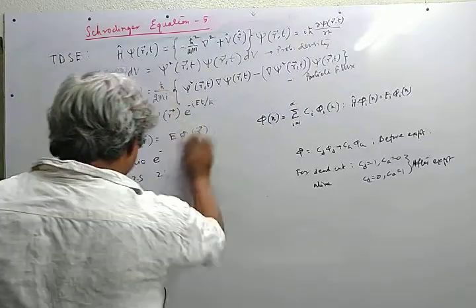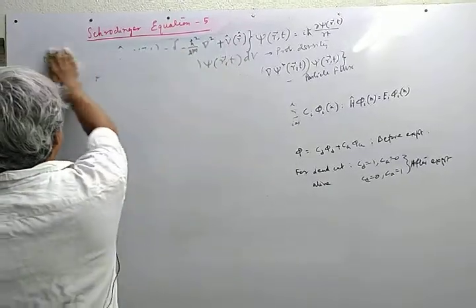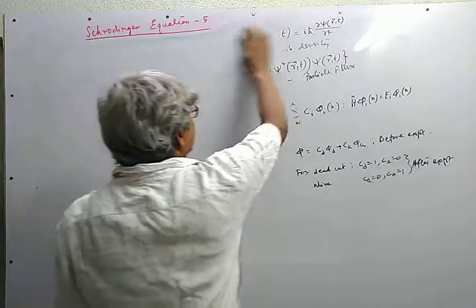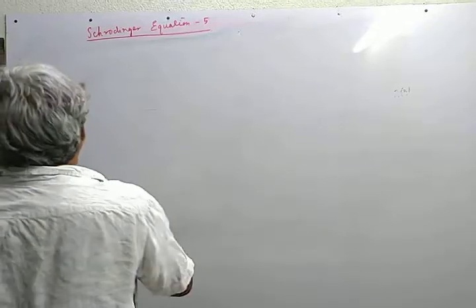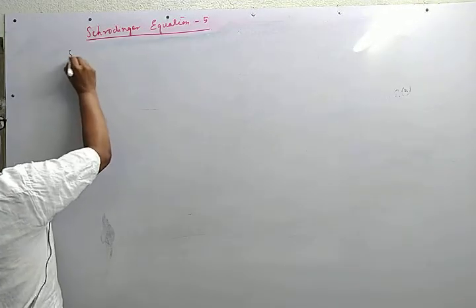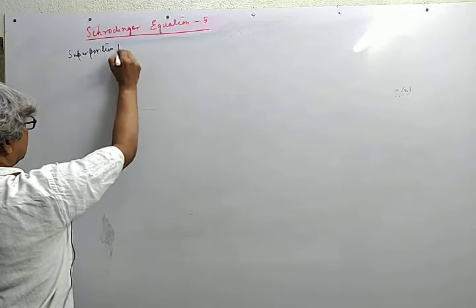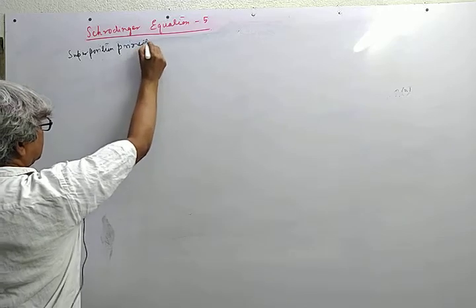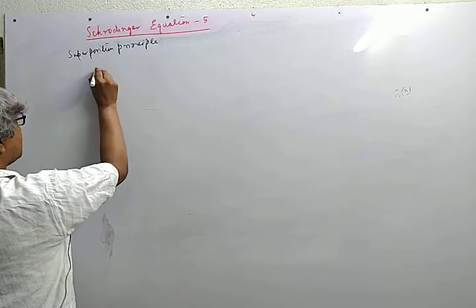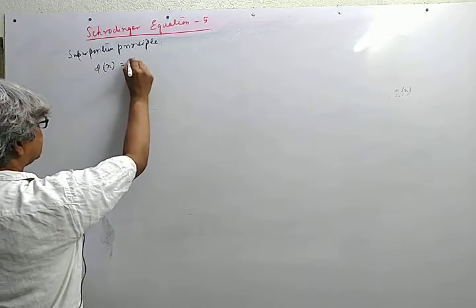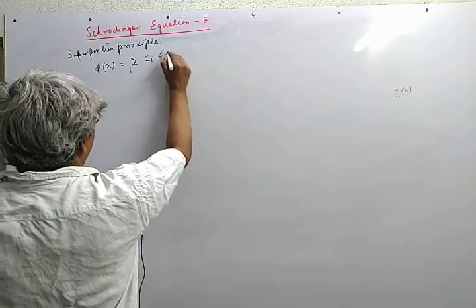This superposition principle of quantum mechanics is far more powerful than the superposition principle that we have used in wave mechanics, in waves and optics. So superposition principle. This is essential for the description of the system. So we write the superposition of functions as: summation over i, sum over all states, Ci phi i of x.